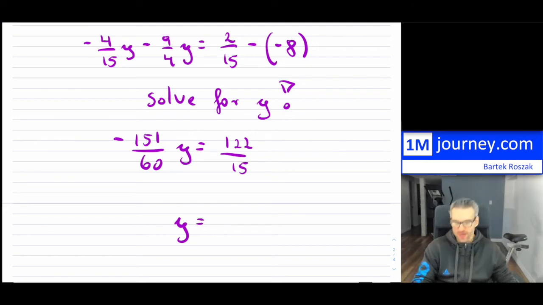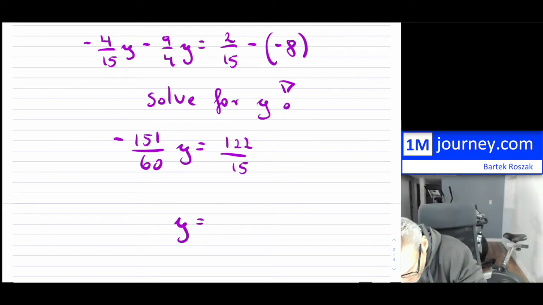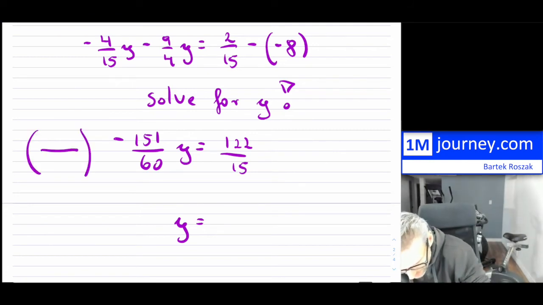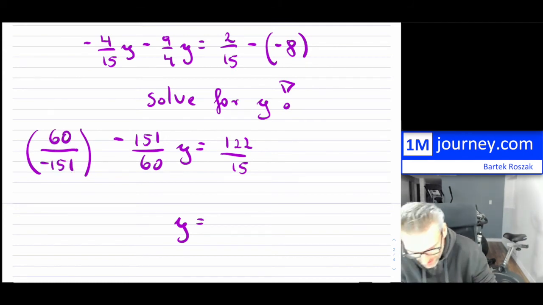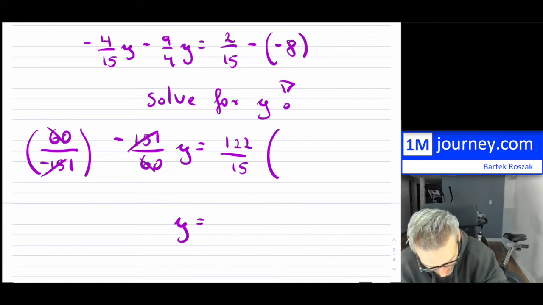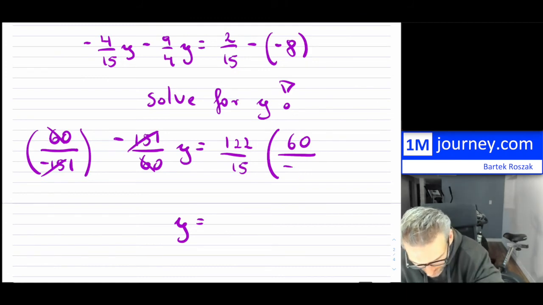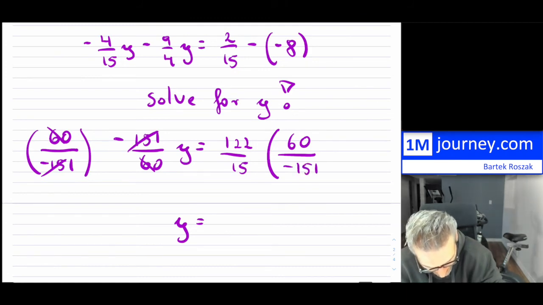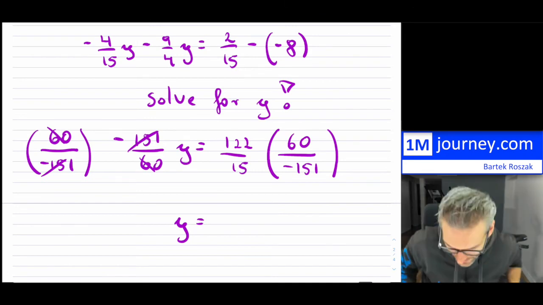All right. So this is now back to solving. So negative 151 over 60, so that the 60 cancels, just so that I can solve. I have to do that to both sides. Negative 151. All right, so I have that.